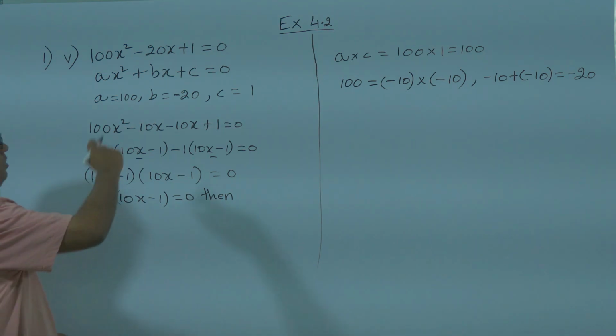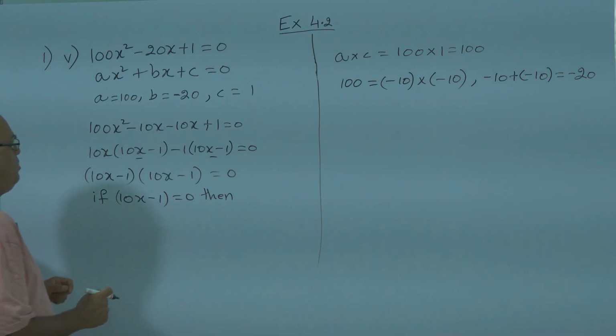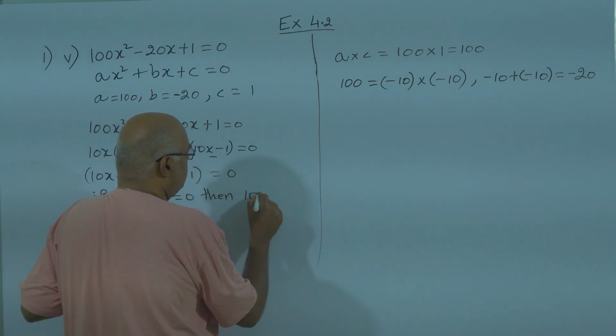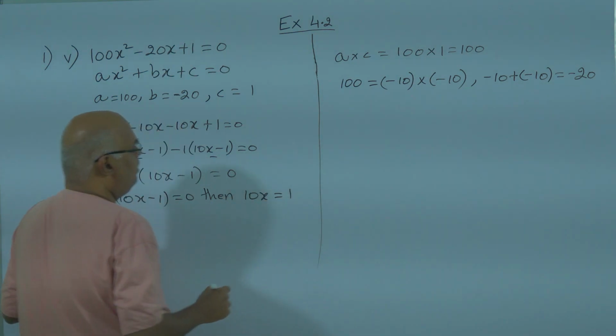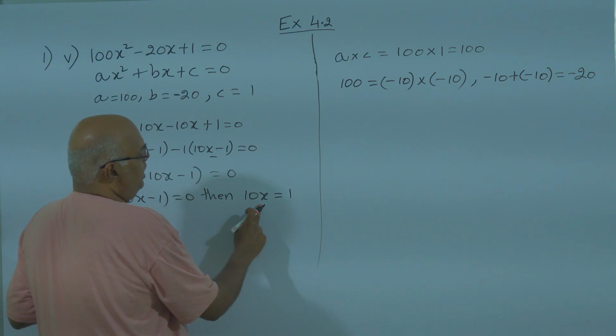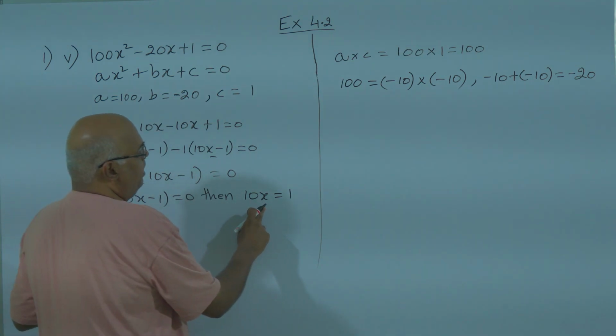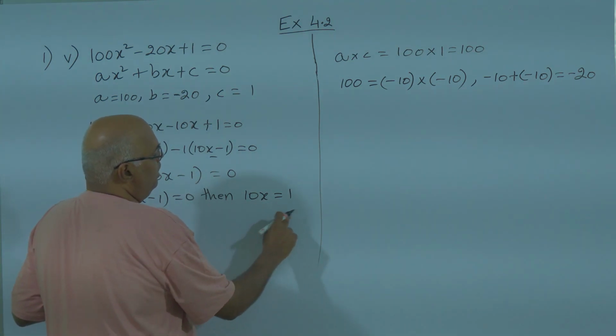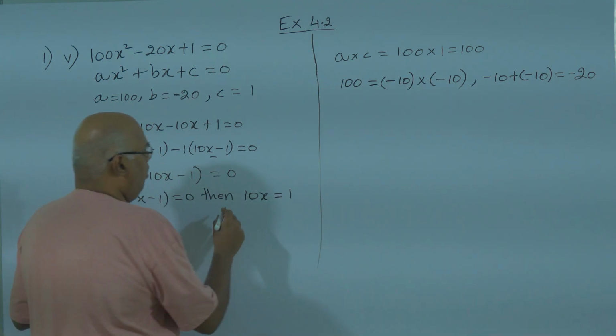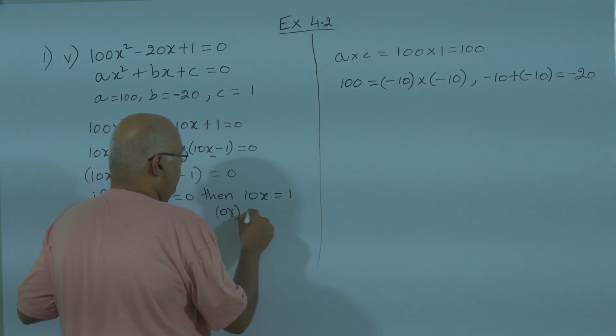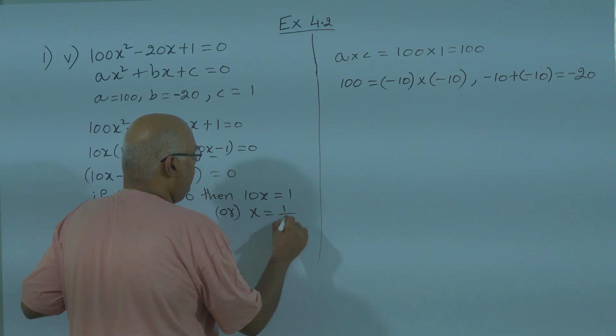If I take that minus 1 to the other side of the equal to sign, it will become plus 1. So 10x is equal to 1. On the left side, 10 is multiplying with x. If I take this 10 to the other side, it will divide. So x is equal to 1 by 10.